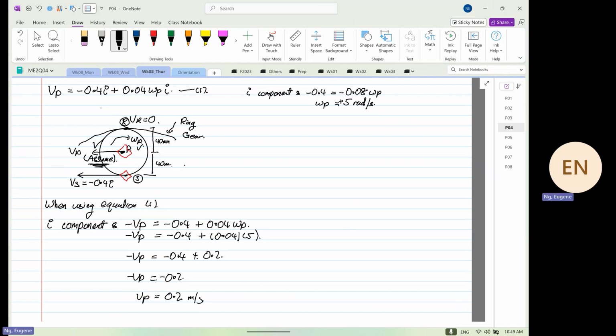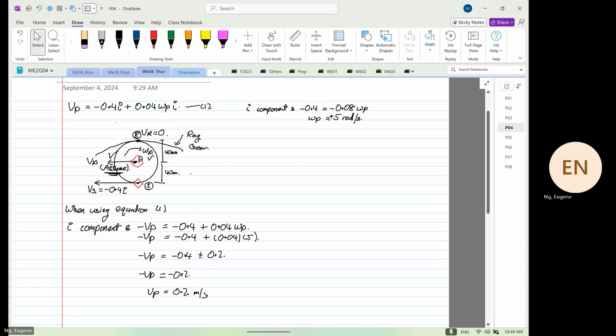Repeat your question. Yes. The planet is 5 radians per second, and the sun is also 5 radians per second, but the linear velocity are not the same.